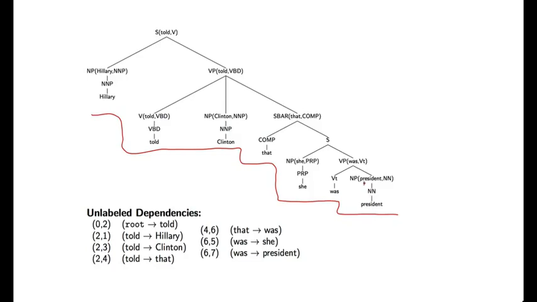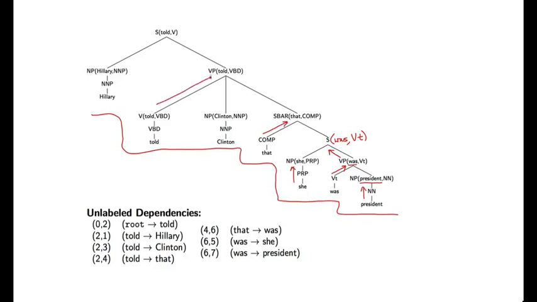So each non-terminal has an associated head word. For example, this NP is president, or this VP has was, or, sorry, this is missing. This S should also have was. This NP has she, this S bar has that.